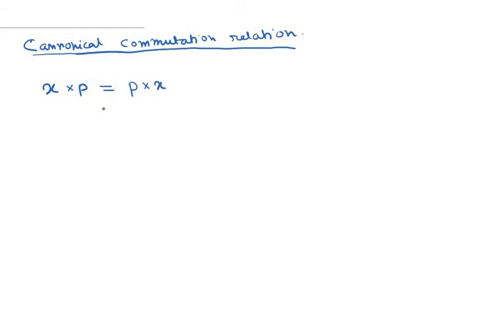Because if we multiply 3 with 5 or 5 with 3, this is going to give me the same result. This is a property of all classical functions. It is very intuitive and does not require much explanation.